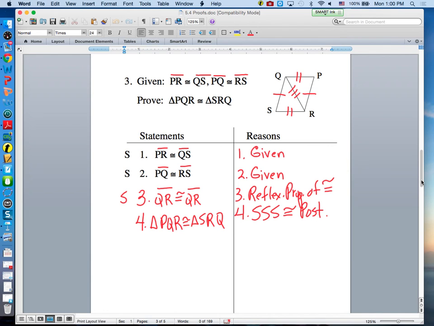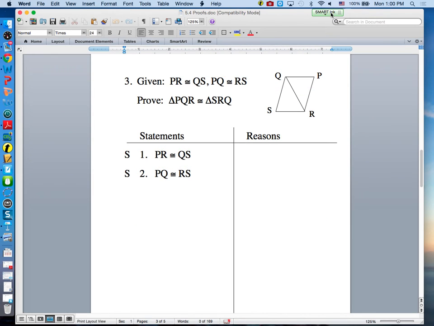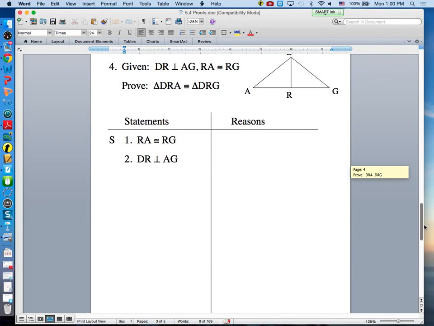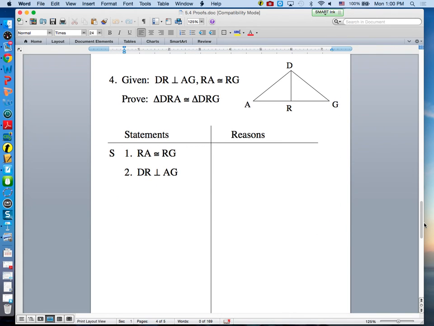Anyone still need this one that's up here? Number 4. Line 1 was given.